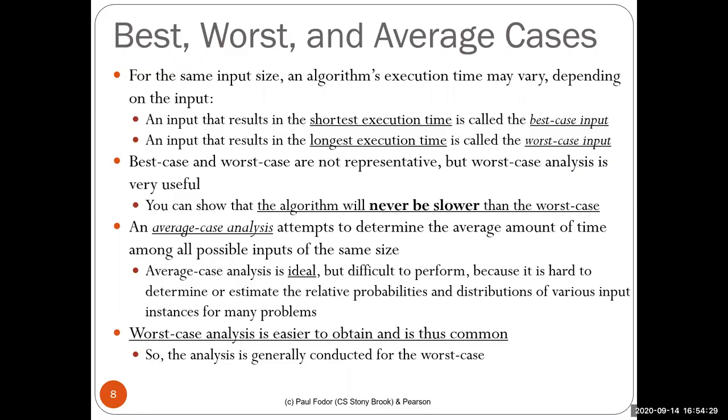So we'll see average case analysis in the case of quicksort. Worst case analysis is also easier to obtain because we will learn a methodological way to find the worst case input and the worst case time, or big O notation. So in general, we'll conduct our analysis using the worst case.